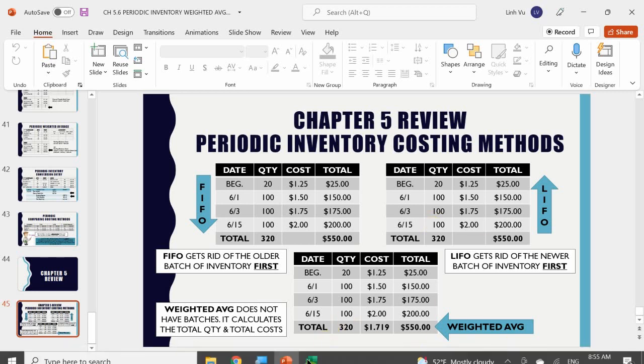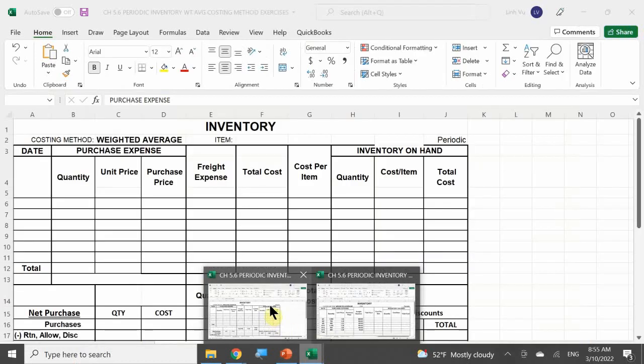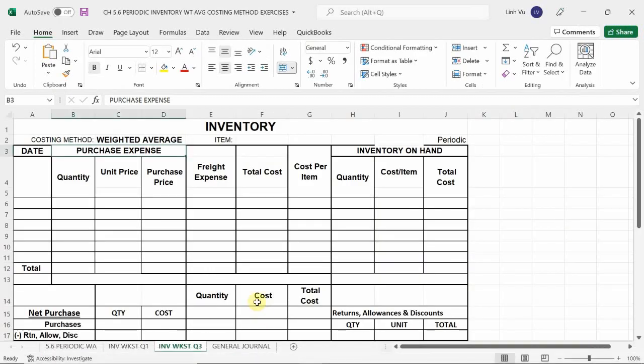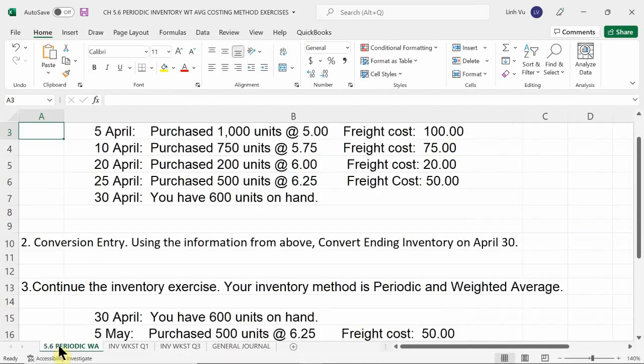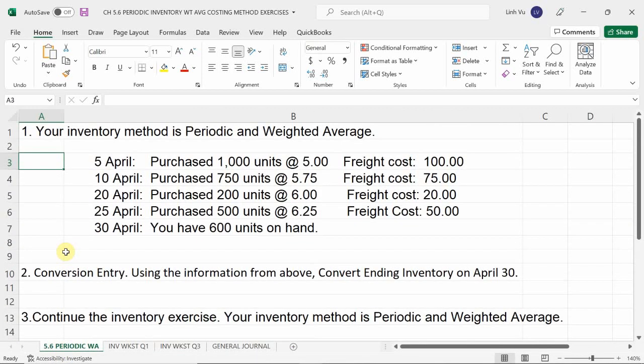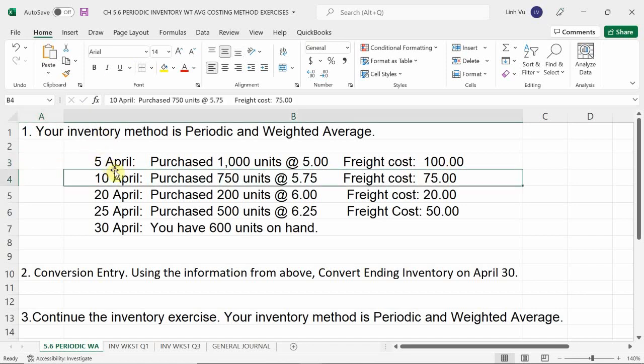So let's go ahead and dive right into our chapter 5.5 lesson here. We have your costing method to be periodic, and it is weighted average. Once again, we're starting on April 5th. We made a purchase of 1,000 units at $5 each with a freight of $100.